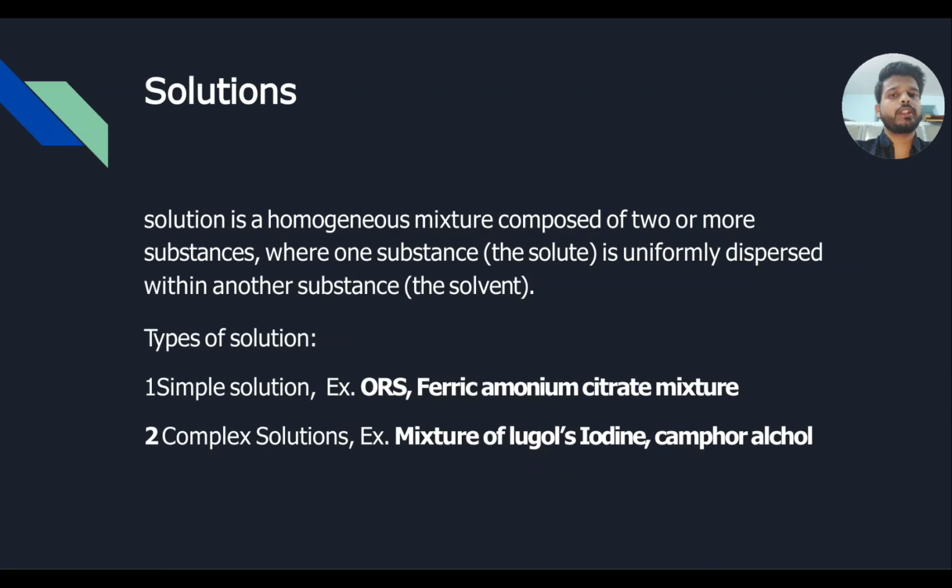So second one is solution. A solution is a homogeneous mixture composed of two or more substances where one substance, the solute, is uniformly dispersed within another substance, the solvent. Means in a solution there is one solute and one solvent, and the solute must be dissolved in the solvent. The types of solution are simple solution and complex solution.